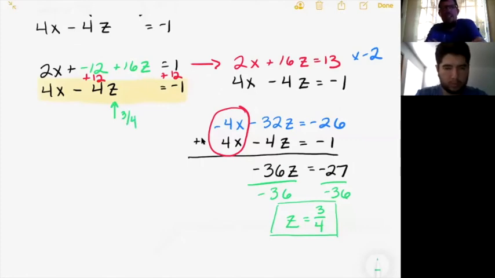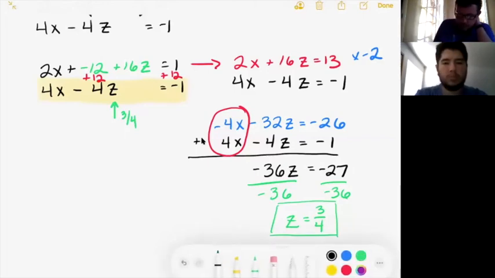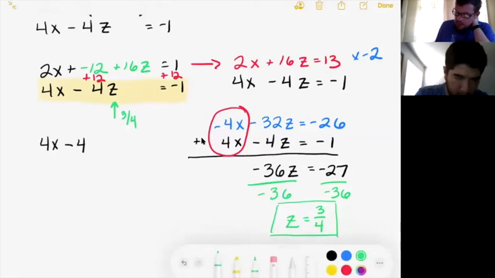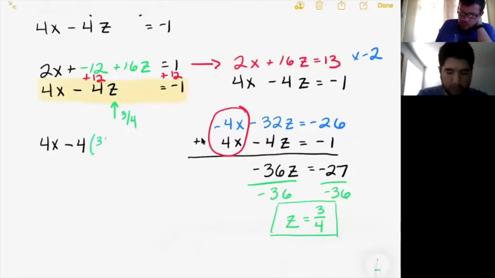I also like that idea because doing 4 times 3/4 is really easy. It's really easy to multiply a fraction by its denominator. So let's do that to find x. So it'll be 4x minus 4, and we're going to substitute 3/4 in place of z.